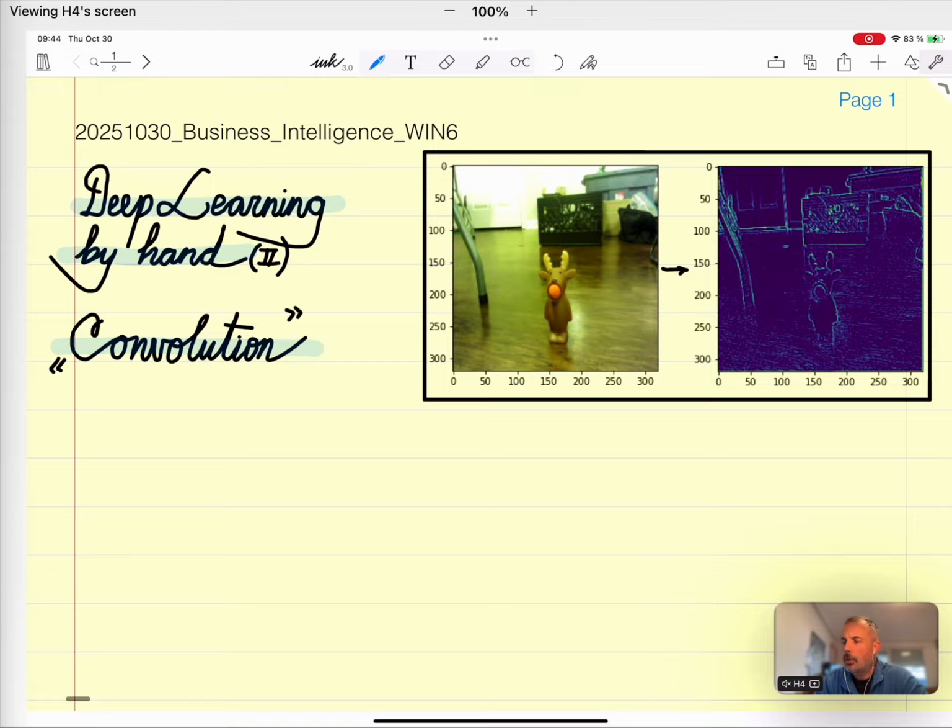So we continue today with our deep learning by hand concepts, and today we will look at one concept that is very important called convolution. Basically the intuition is as described in this image.